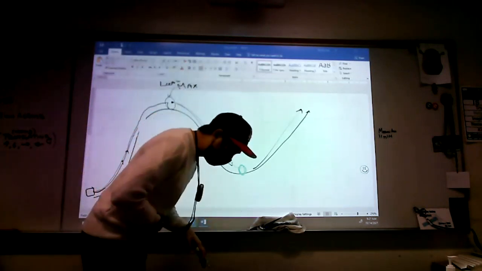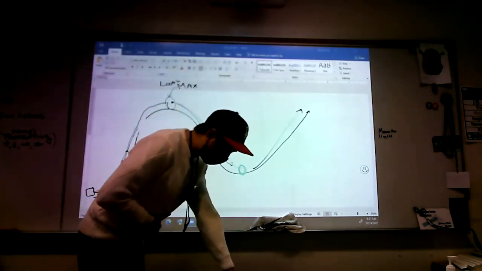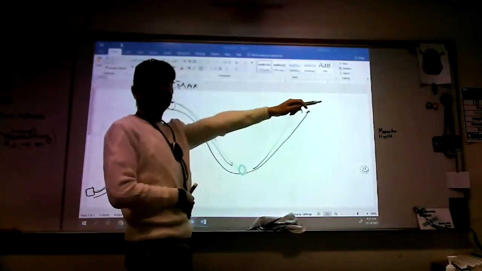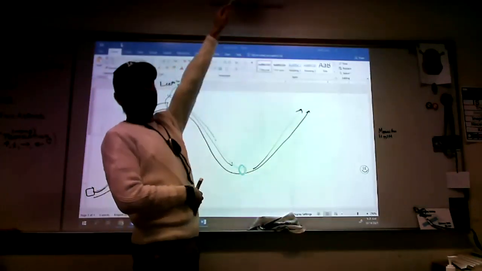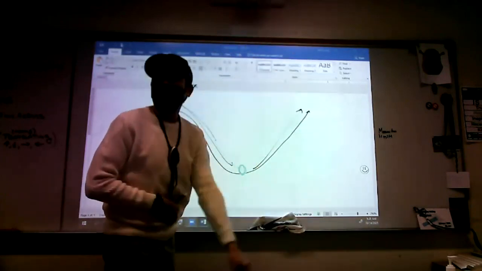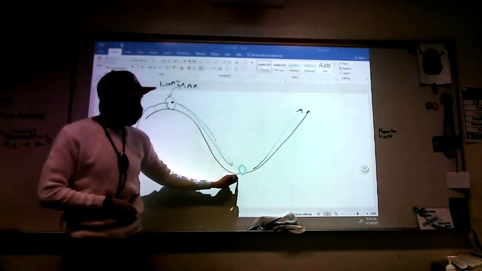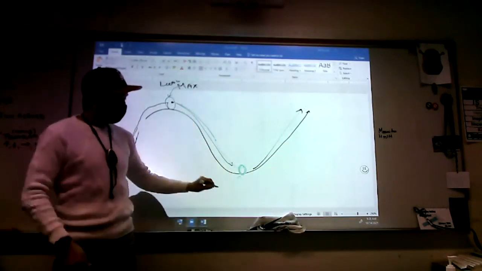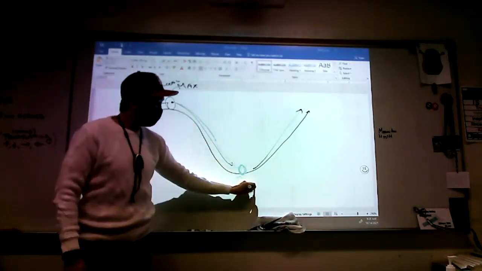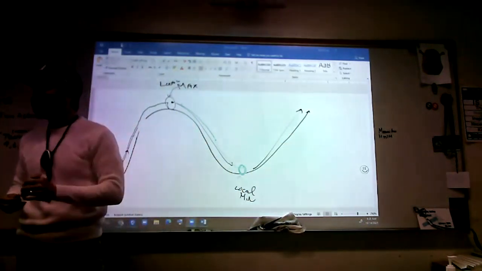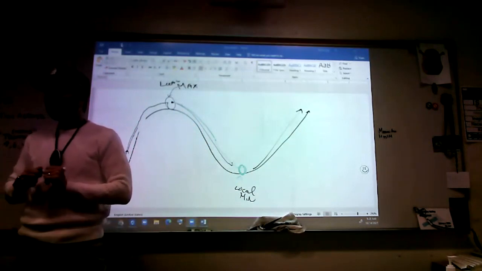There's a split second where I'm looking straight, and that on a roller coaster goes really quickly, right? And at that point right there is the local minimum, or you're at the bottom of the valley. Okay?